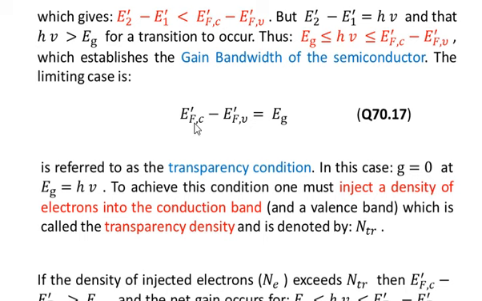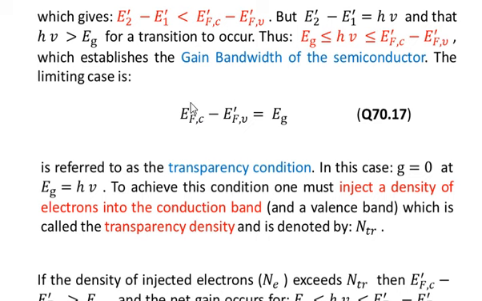EFc prime will move towards the vertex of the parabola, that is the vertex of the conduction band, and EFv prime will move towards the vertex of the valence band.